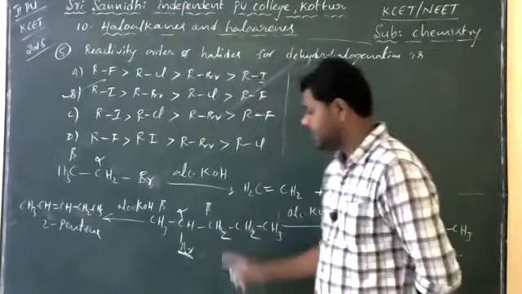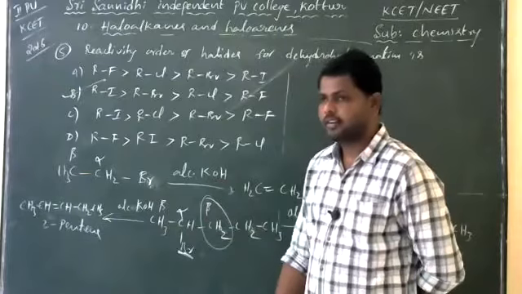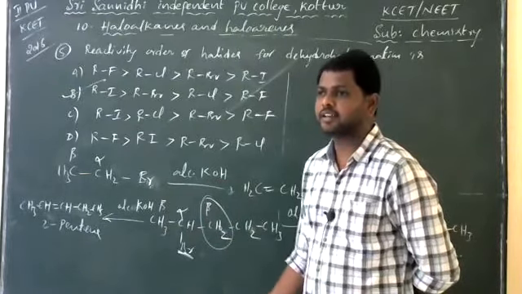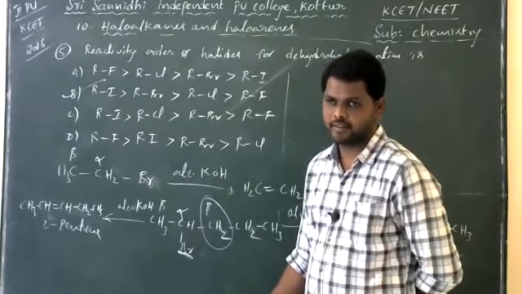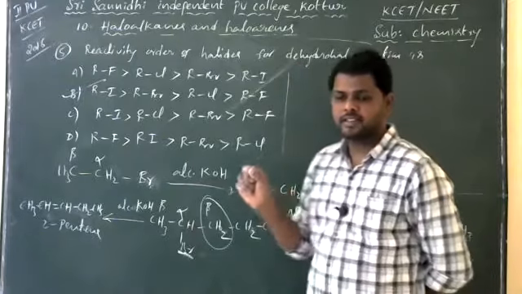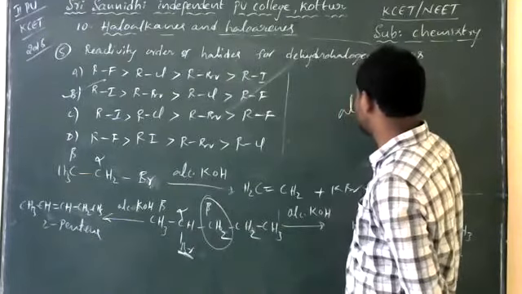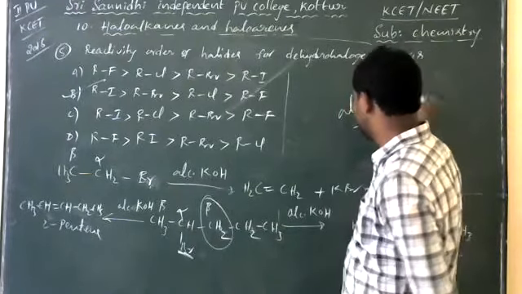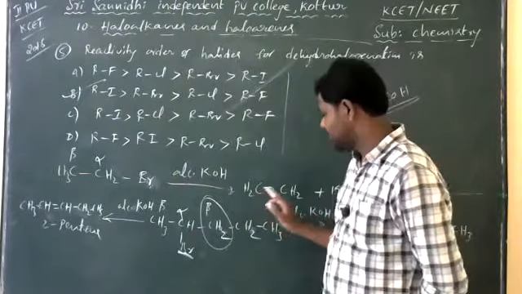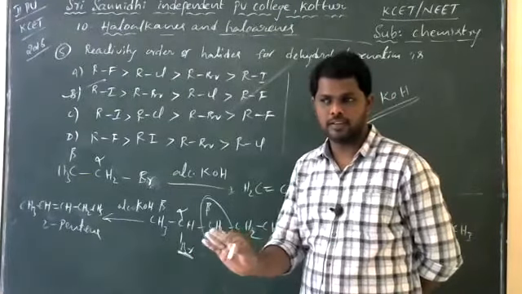That means in the case of unsymmetrical alkyl halide, the hydrogen is eliminated from the larger alkyl group of the beta carbon, giving the alkene as the major product. The important point here is that the best dehydrohalogenating agent is alcoholic potassium hydroxide. That must be remembered. And the product follows the Saytzeff rule, right?